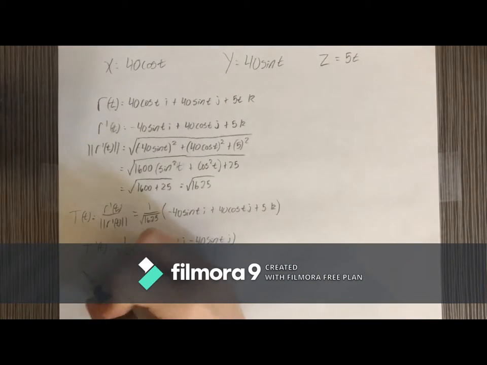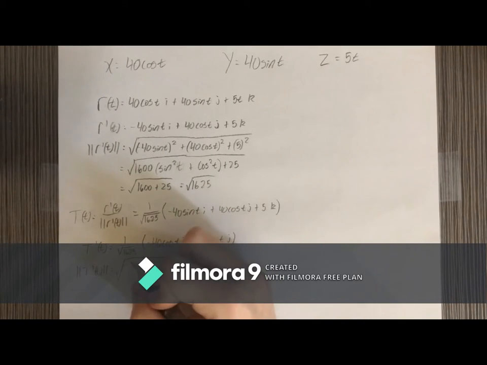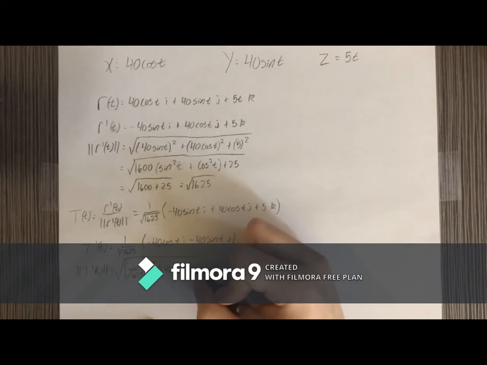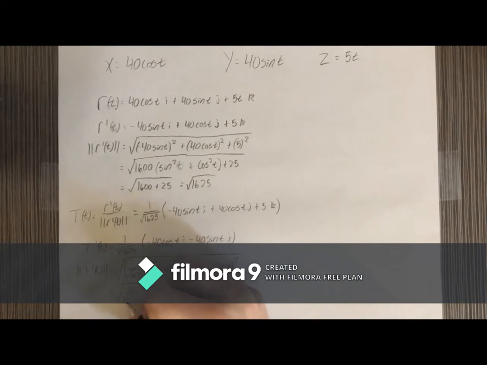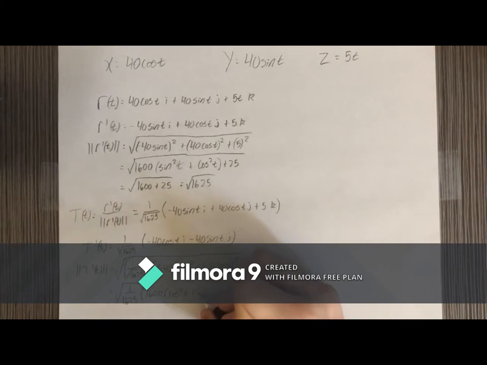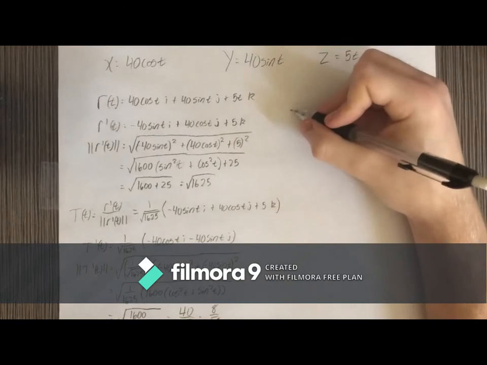Then we must find the magnitude of T prime of t, which is equal to the square root of (1 over the square root of 1,625) squared times ((negative 40 cosine of t) squared plus (negative 40 sine of t) squared). This results in the square root of 1,600 over the square root of 1,625, which is equal to 8 over the square root of 65.